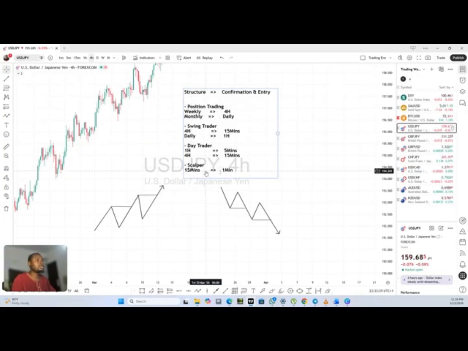Scalpers are the types of traders that hold trades for minutes, maybe 1 minute, 2 minutes, 3 minutes, highest 1 hour. Those are the scalpers. If you are holding a trade for more than an hour, you are a day trader, not a scalper. So how are you going to do a top-down analysis as a position trader?